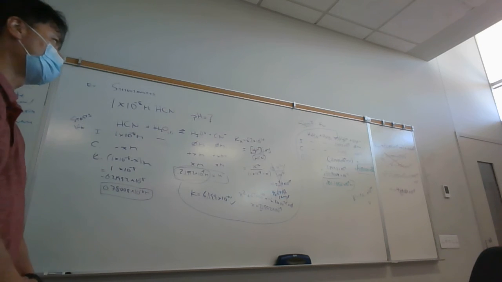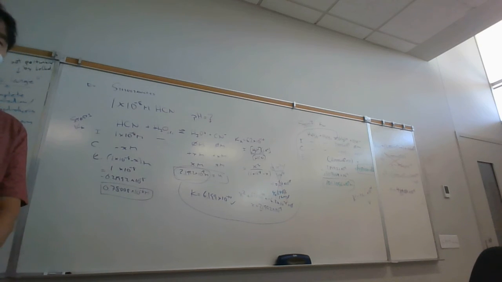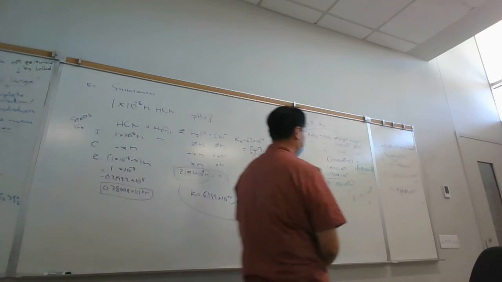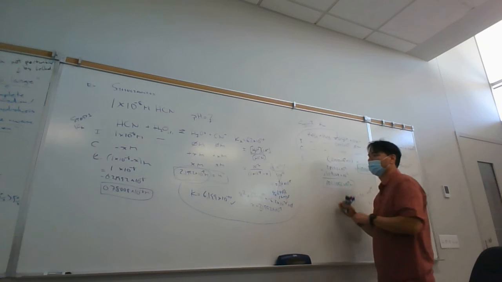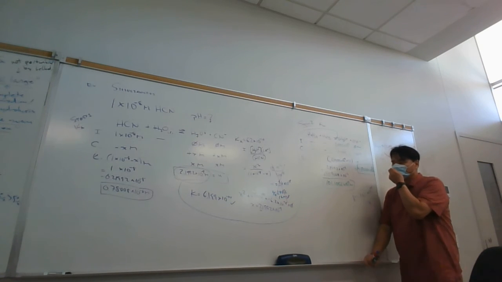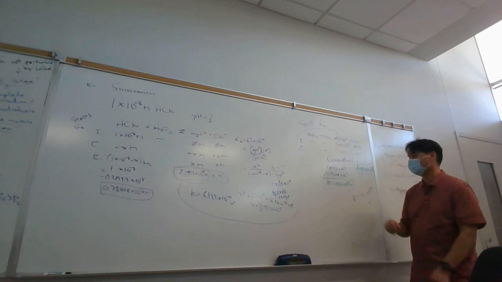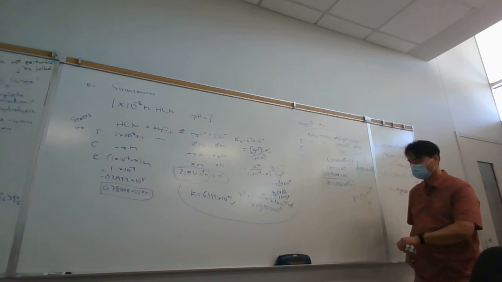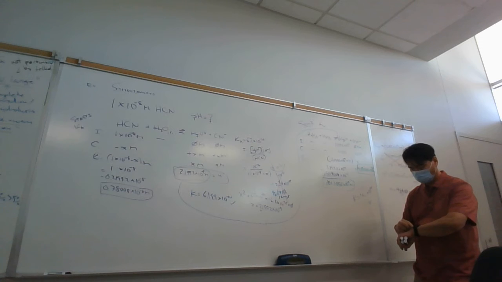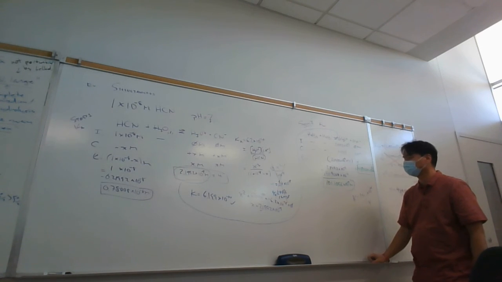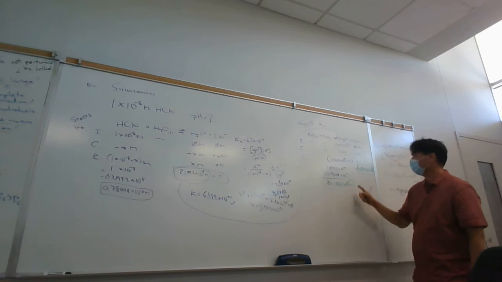Well, now what we have to do is, since we did this stepwise, whenever we do a stepwise problem, we have to make sure that step 2 did not perturb step 1. So I look here. This is my new hydronium.